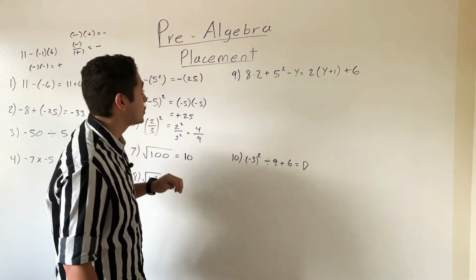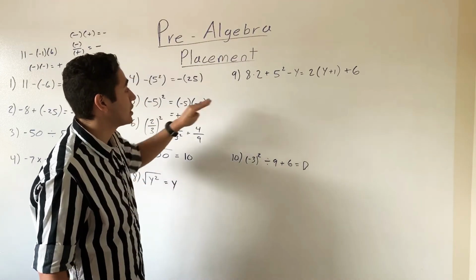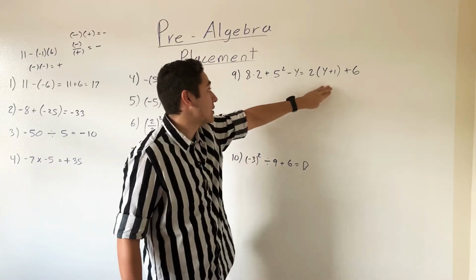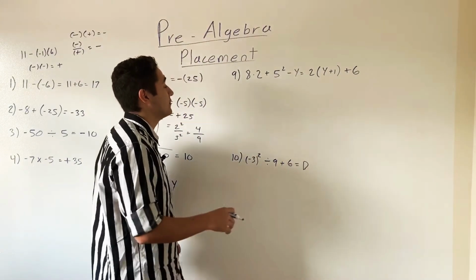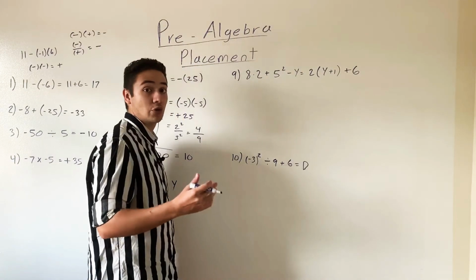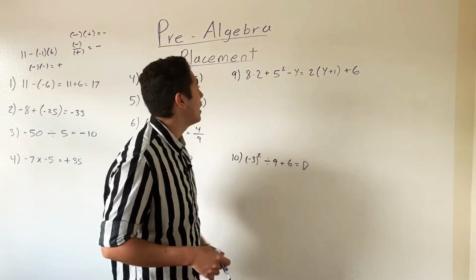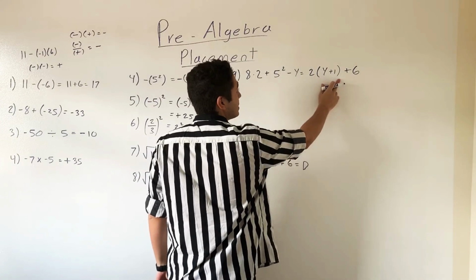Okay, so in this case, we are going to be working with order of operations and dealing with exponents, dealing with parentheses, dealing with multiplication, adding, subtracting. So very important to know how to do order of operations and how to specifically solve for a variable in this case. I'm going to go ahead and just start by deconstructing this parenthesis out here.